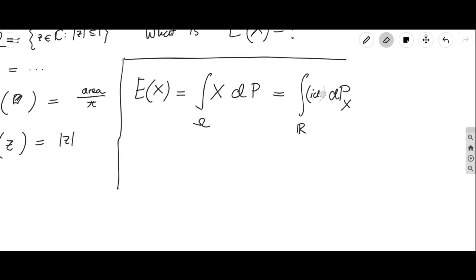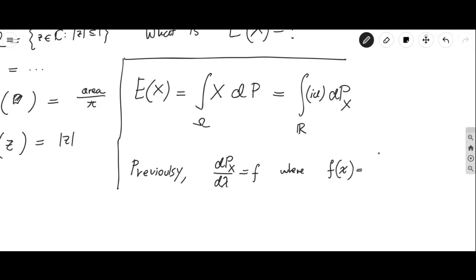But what do you do after this? Well, the way you carry on the calculation is, previously we found that the Radon-Nikodym derivative of the distribution with respect to the Lebesgue measure was this function f, defined as follows.